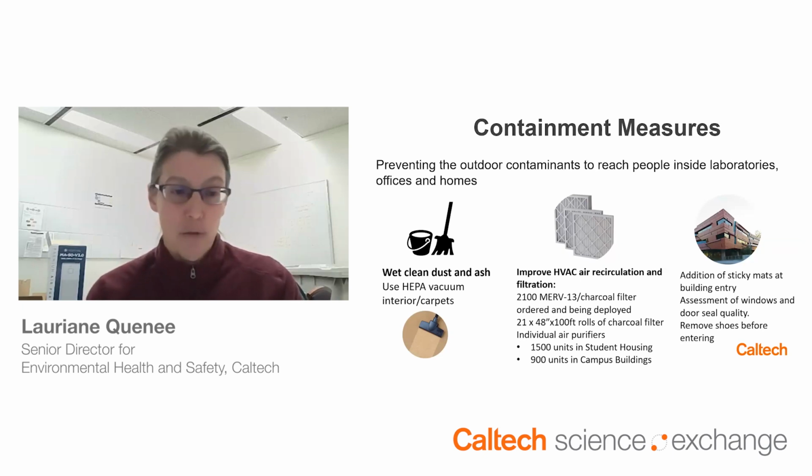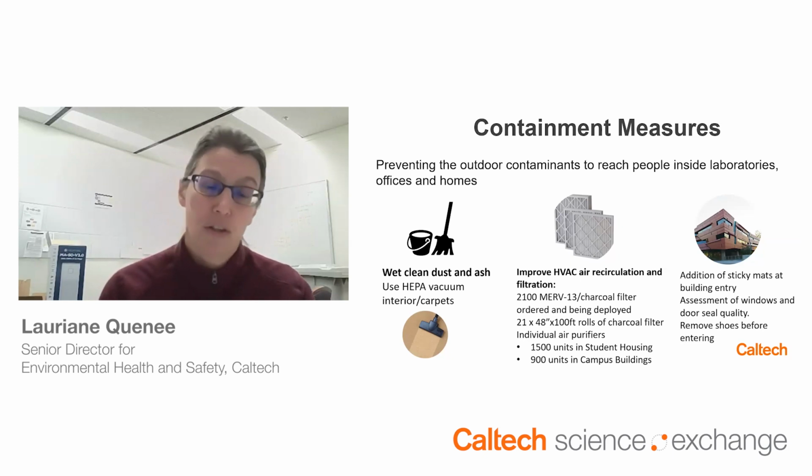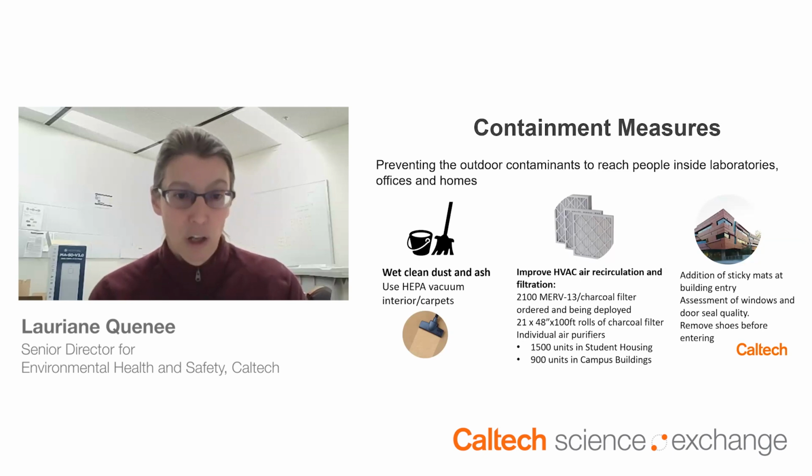What can be done inside, for things that cannot be wiped, is use HEPA vacuum, and for carpets and other types of porous material. In terms of engineering control, the facilities department and the EH&S department worked relentlessly to deploy MERV and charcoal filtration for our HVAC system, worked on recirculating the air as much as possible in our building to prevent infiltration of the outside air.